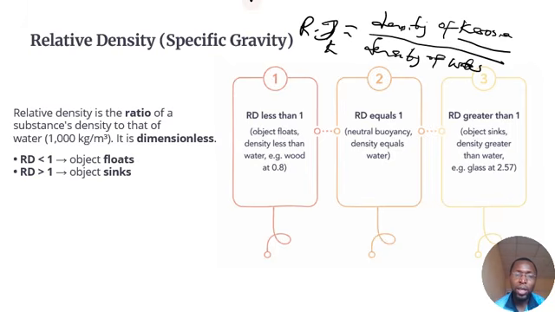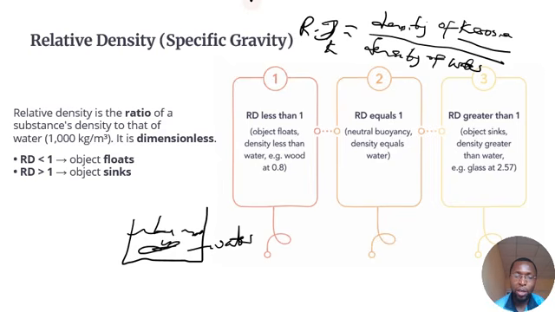Now, this relative density helps us to know when an object can float and when an object can sink. If this is a container, and this container has liquid inside, let's say the liquid is water, and you put an object, maybe a box, inside this water, if this box floats on top of that water, just know that the relative density of that box is less than 1.